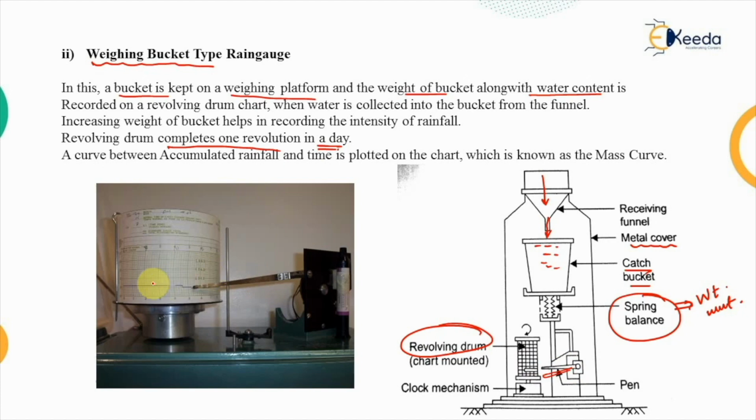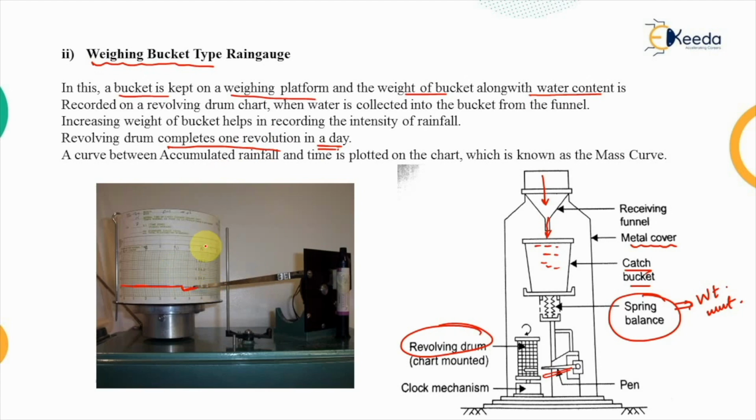As you can see in this image, earlier the line was straight, and then because of the weight of the bucket, it has fallen slightly below, and now the line will be drawn according to this needle, and in this way the graph is plotted for a single day.